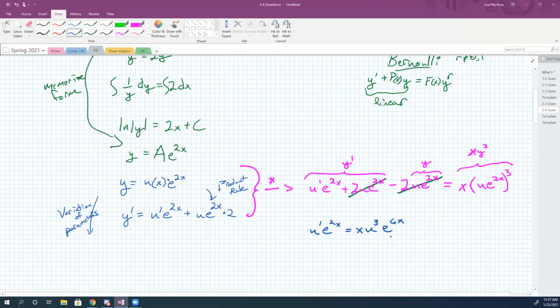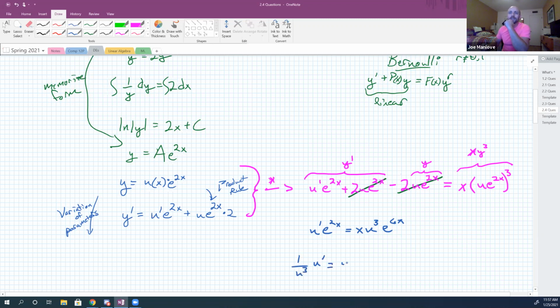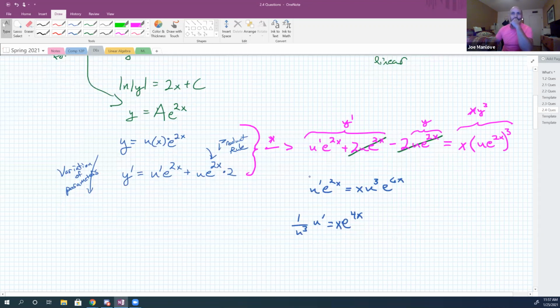You can separate. Yeah, now we can separate variables. So I'm going to have 1 over u cubed times u prime is x e to the 4x. So that's do some algebra, right?